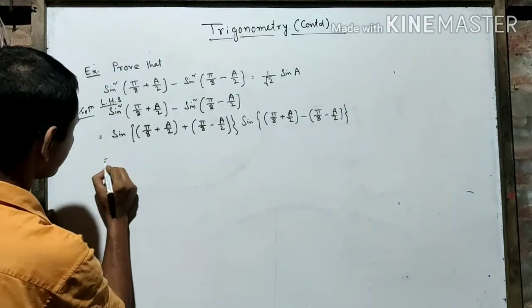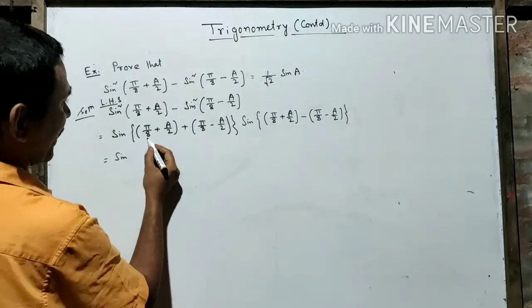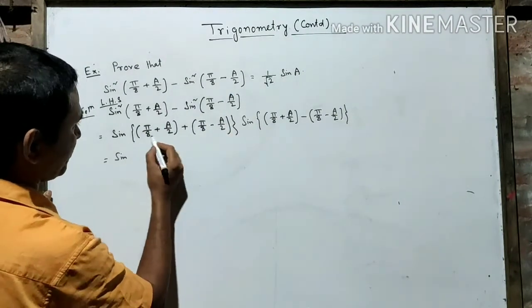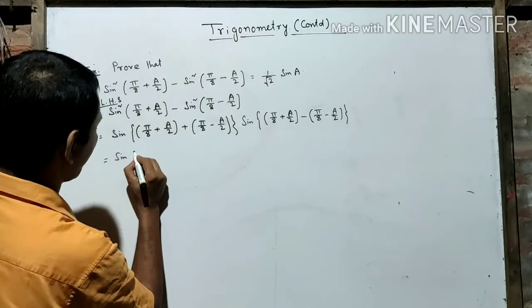Here sine of pi by 8 plus A by 2 will be cancelled. Pi by 8 plus pi by 8 is 2 pi by 8.